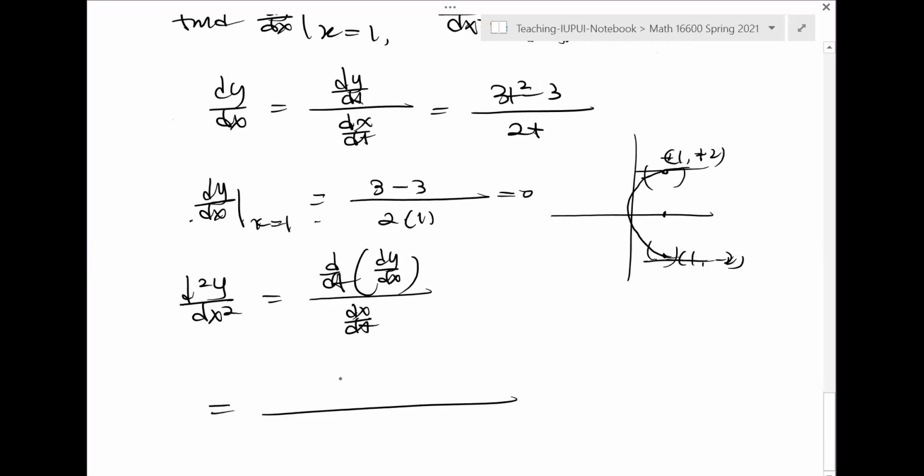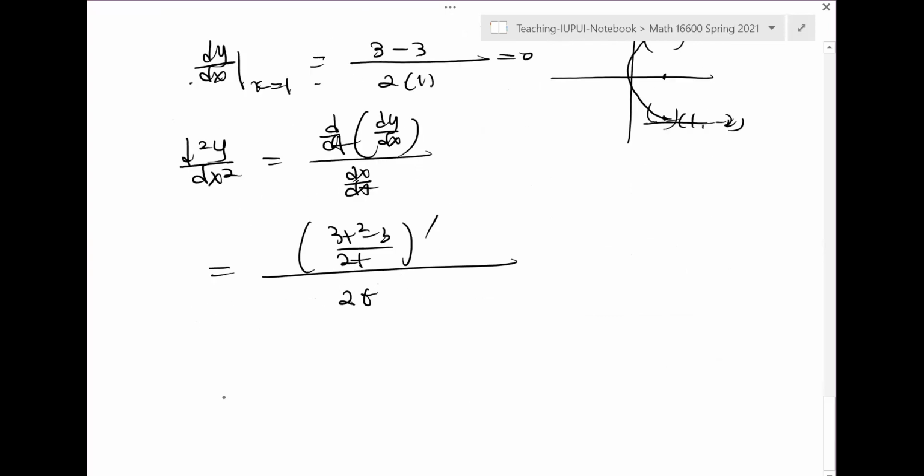Let's use a prime: (3t squared minus 3) prime, and this will be just 2. x is... dx over dt is just 2t. Okay, let's differentiate 2, just 2. And use a quotient rule.